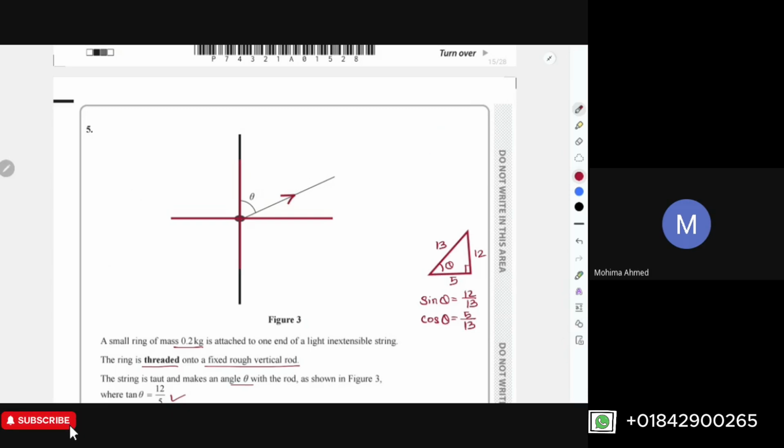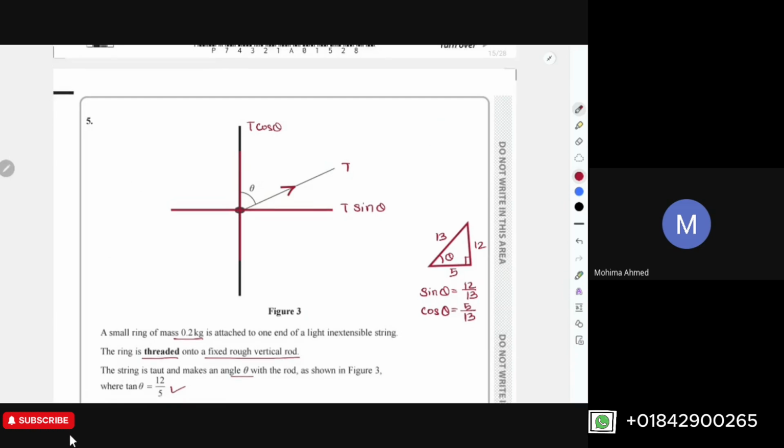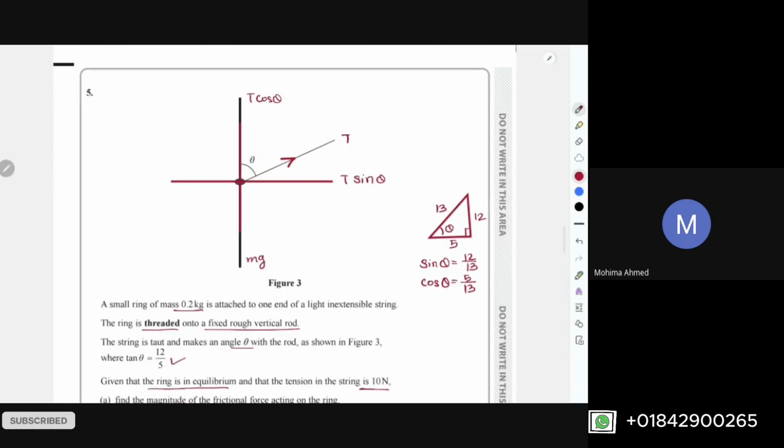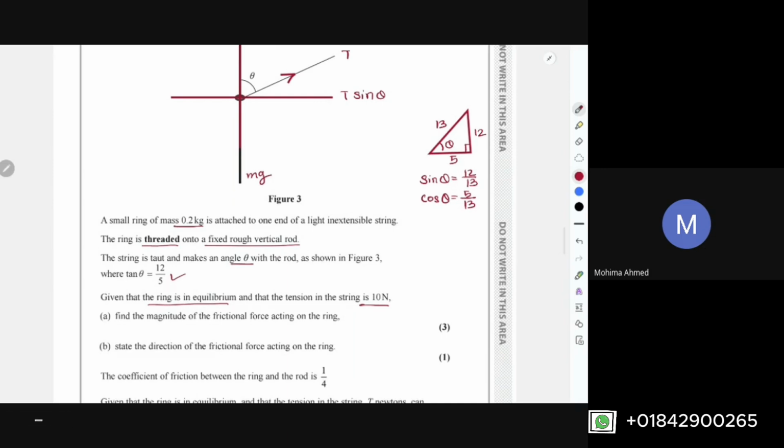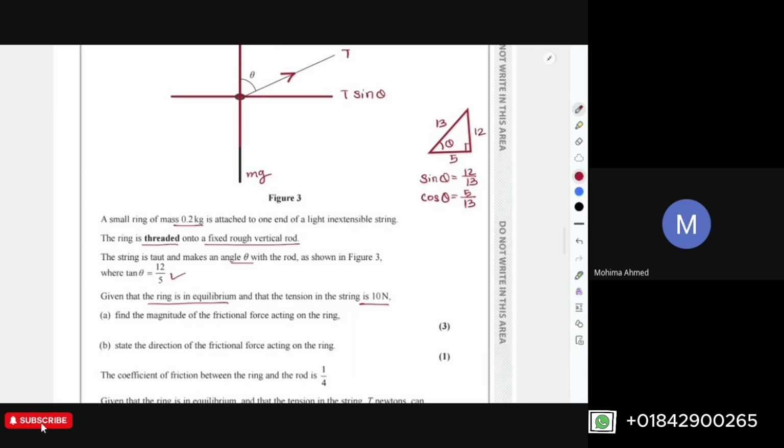So if your angle is theta, this is T, it's going to be T sine theta and then T cos theta. In the downward direction, you have just this mg. These are the only forces that you can think of. And the ring was in equilibrium, so acceleration was not there. We need to find out the value for the friction, right?